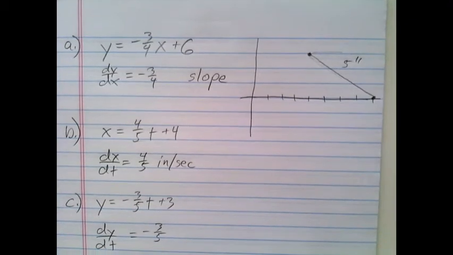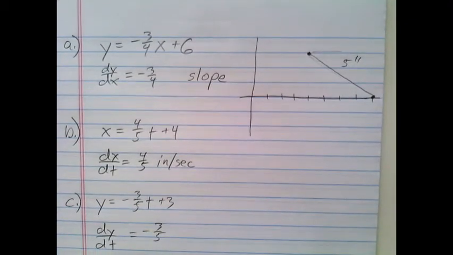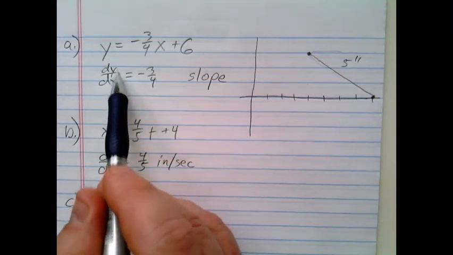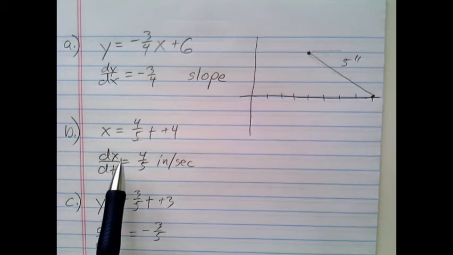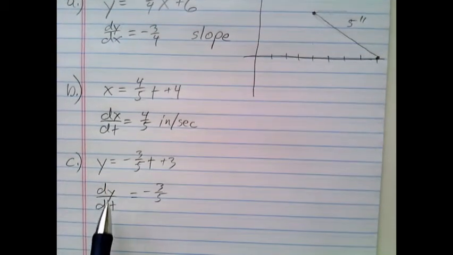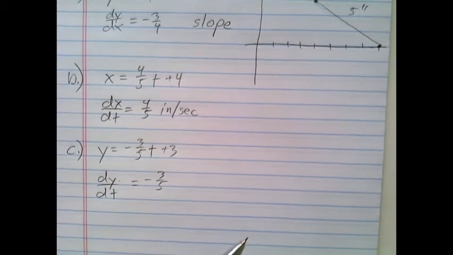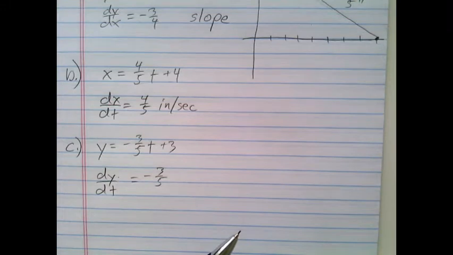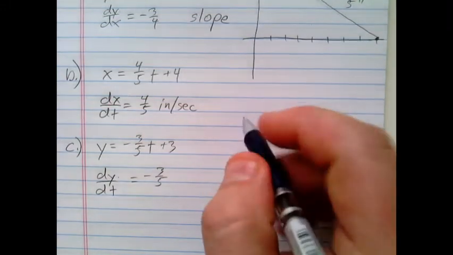Now, before I go any further, I want to point out a connection that I hope feels fairly logical. There's a connection between my slope, dy/dx, and my horizontal speed, dx/dt, and my vertical speed, dy/dt. And it's a connection that I would kind of expect from algebra.